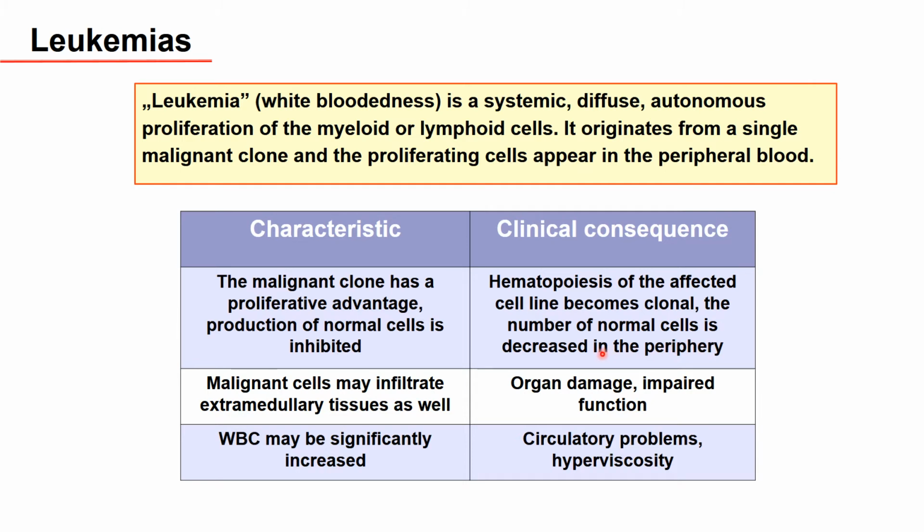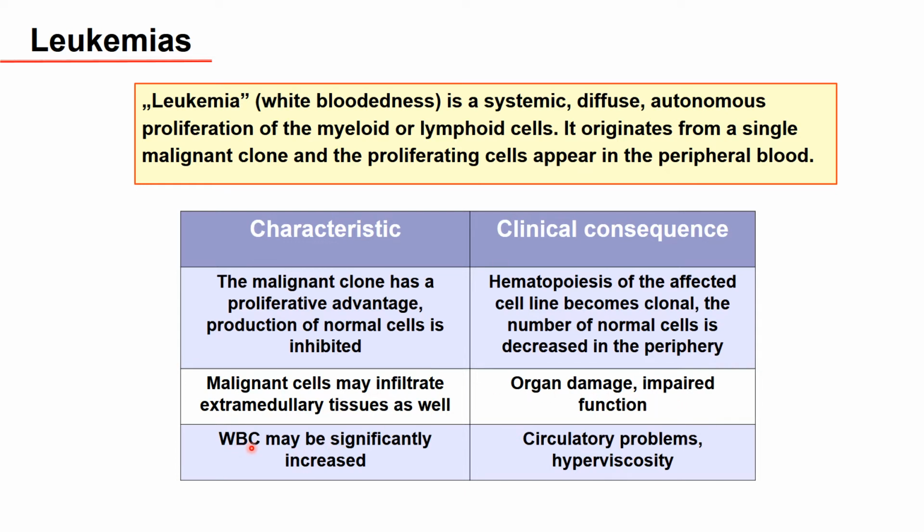The malignant cells may also infiltrate extramedullary tissue. So not only the bloodstream, but they can infiltrate organs such as lymph nodes, testis, spleen, liver or the skin. That will cause organ damage and impaired function.